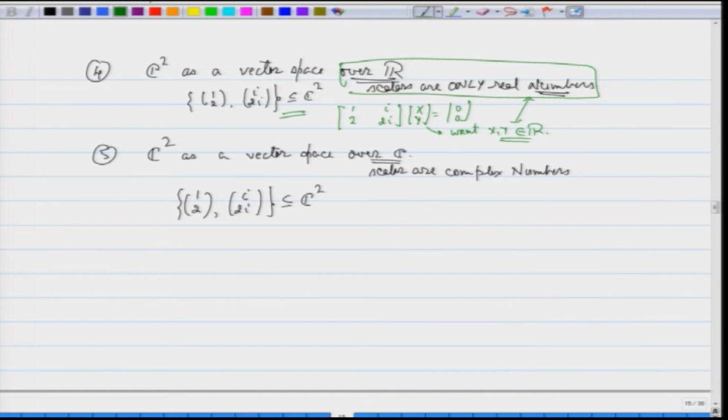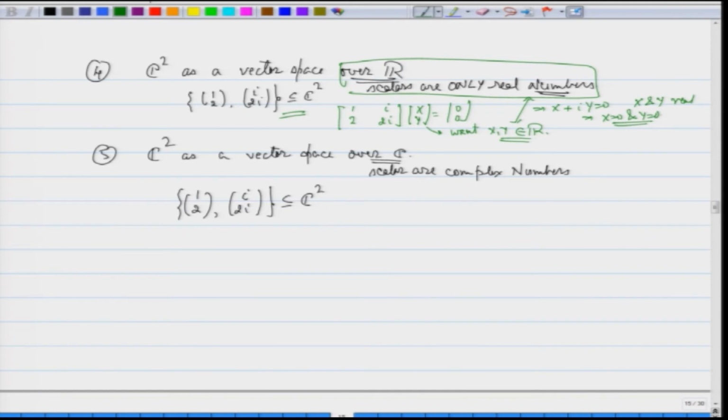Fine. So, if you would like to solve here, this implies that x plus i times y should be 0, with x and y real, which implies x is 0 and y is 0. Fine. Similarly, for the second equation you can see that x has to be 0, y has to be 0, all right.